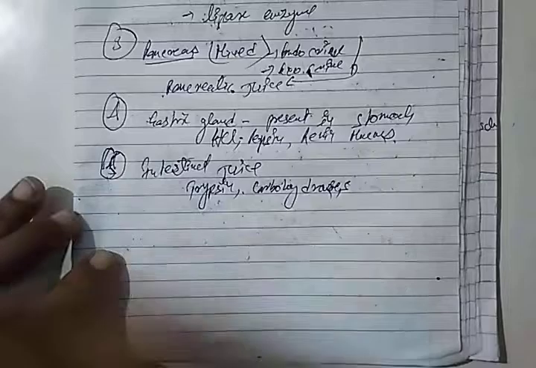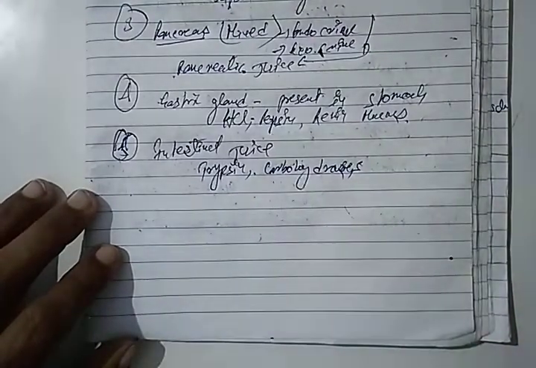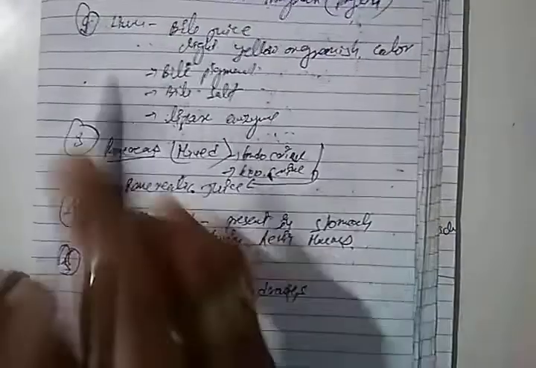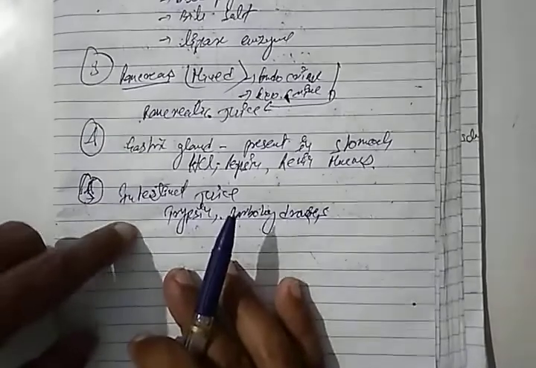So these are the main glands which are present in the alimentary canal, which help in digestion in humans: salivary gland, liver, pancreas, gastric gland, intestinal juice.